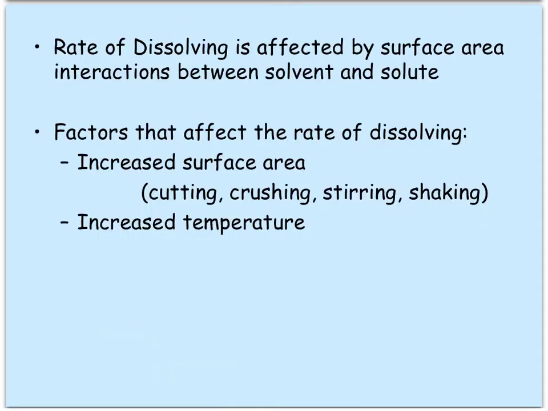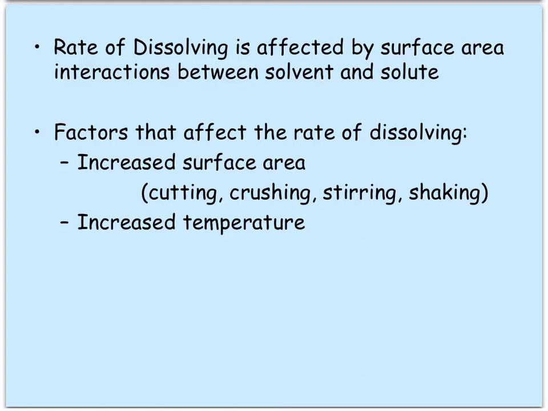When dissolving solute into a solvent, there are ways of getting it to dissolve faster. Increasing the surface area is one way. That can be accomplished by cutting it into smaller pieces, crushing the solute if they're crystals, stirring the solution to increase the interaction between solute and solvent, and likewise shaking.